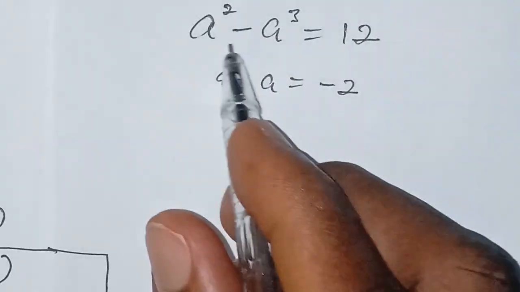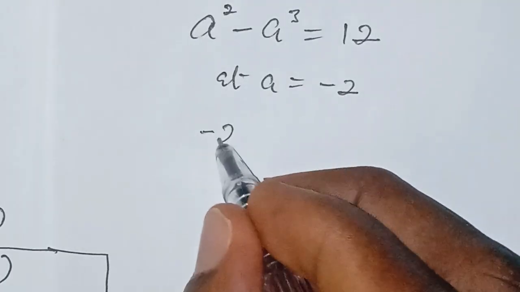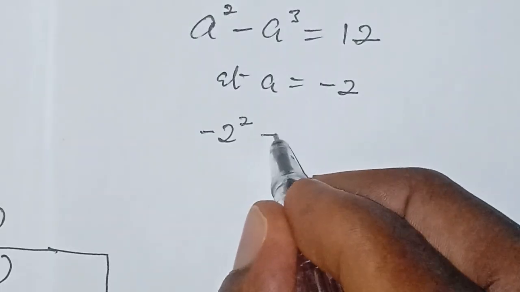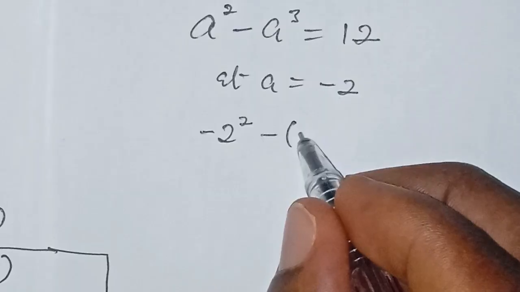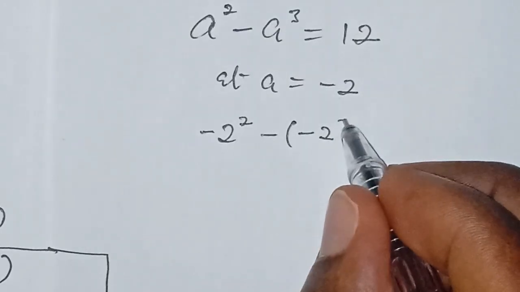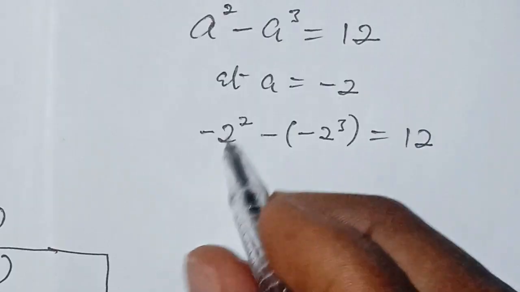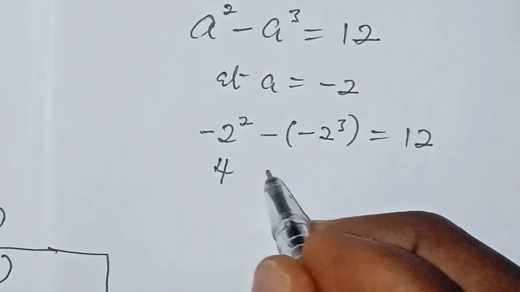If we input the value of a, which is minus 2, we have minus 2 raised to power 2, then minus into bracket minus 2 raised to power 3, equal to 12. Minus 2 raised to power 2 gives us 4.